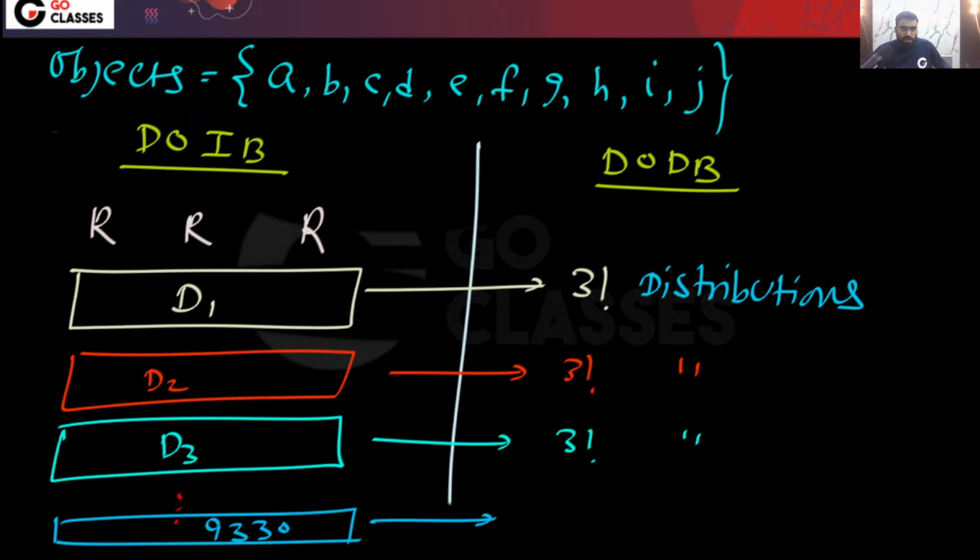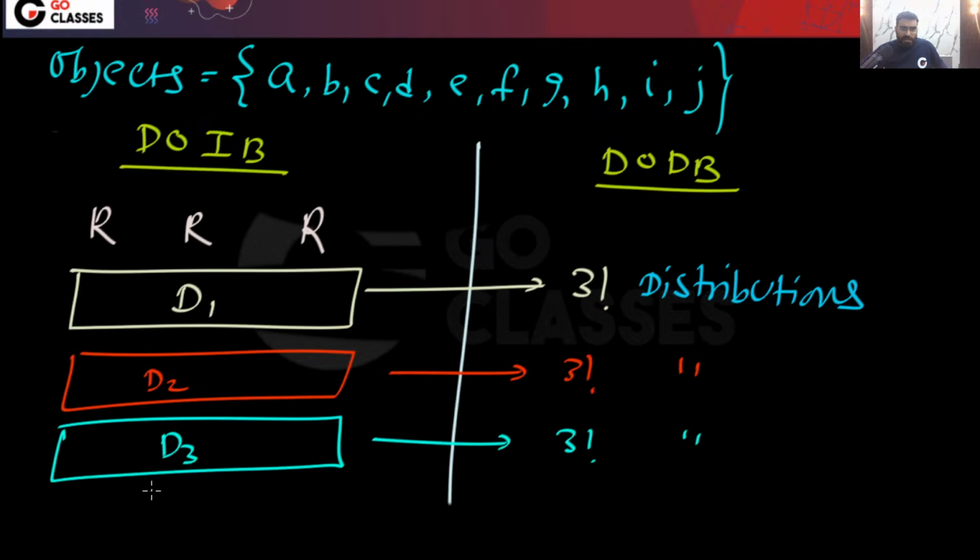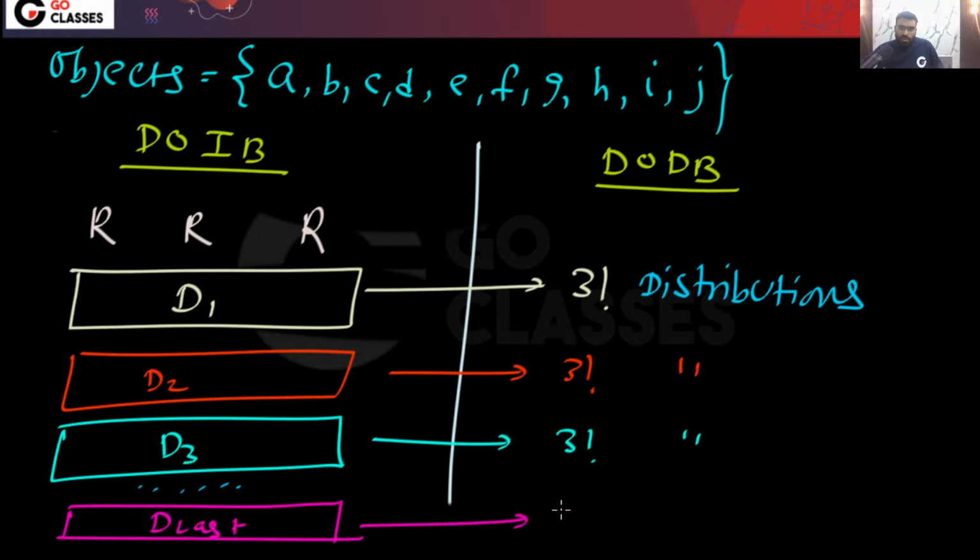So for the last distribution, D9330, also 3 factorial distributions will happen.